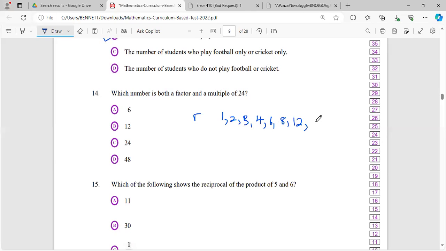But when you're starting with multiples, you also start with 24. So it would be 24, 48, 72. So 24 is the one that is common. Notice 48 is not a factor, so it couldn't be 48. All right, good job.